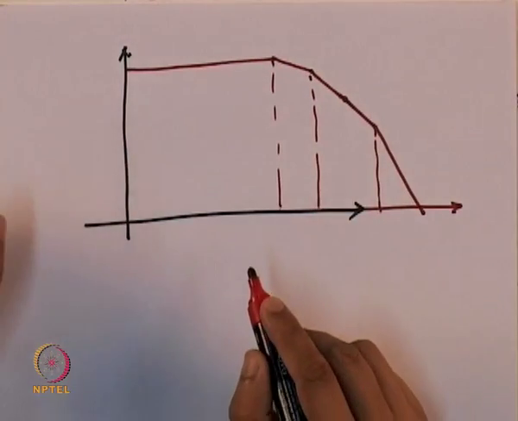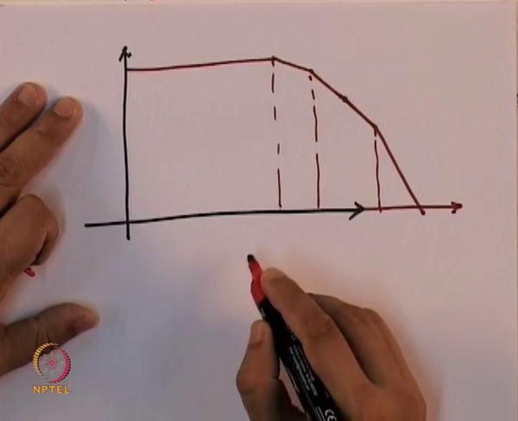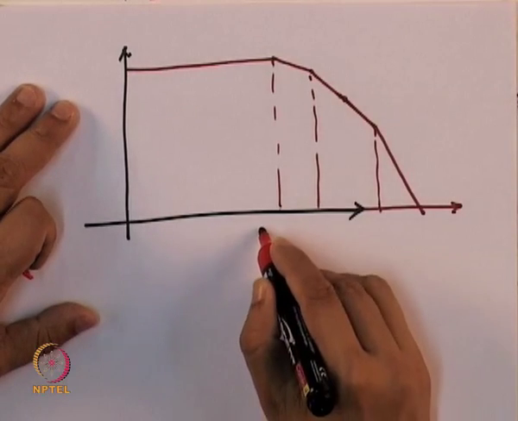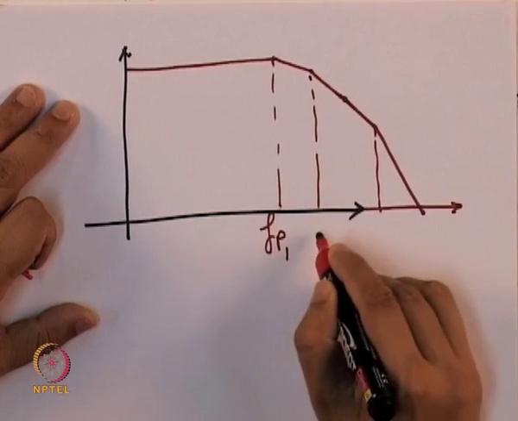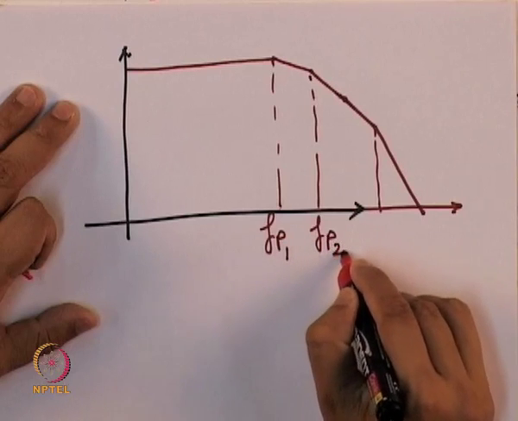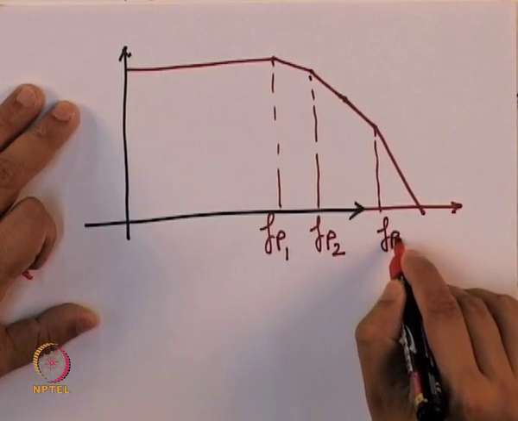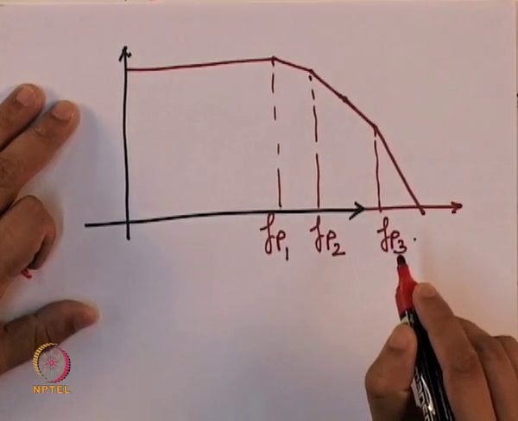So, the system has 3 poles. Let us call these poles FP1, FP2 and FP3.